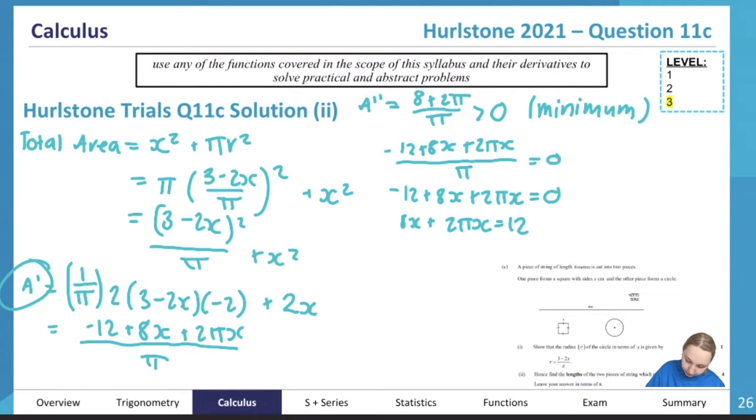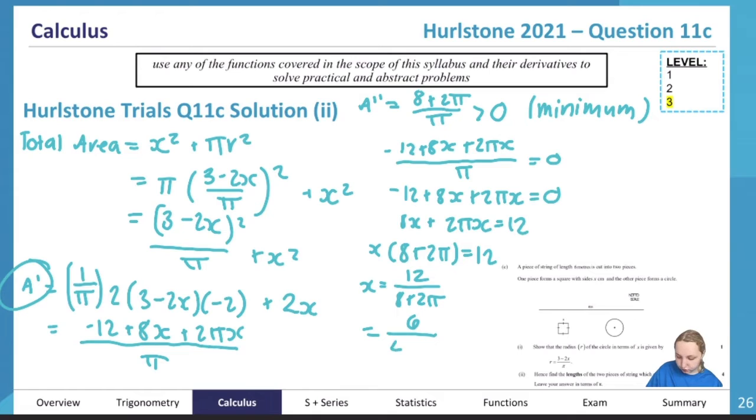Factor out the x that's in common with both, so we're going to have x times 8 plus 2 pi equals 12. So that means x is going to be equal to 12 over 8 plus 2 pi when we just divide that out, which if we simplify it to get rid of that factor of 2, we're going to have 6 over 4 plus pi as our minimum value for x.